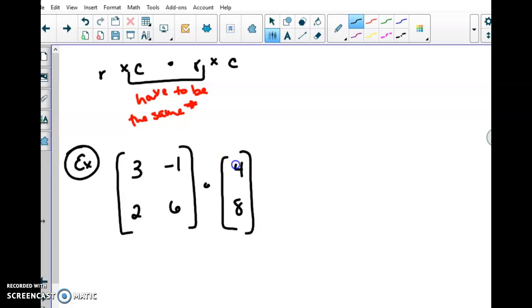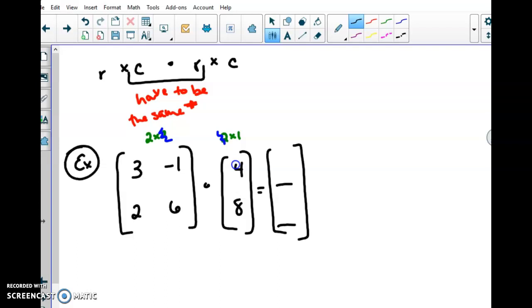So notice, I always like to write the dimensions so I know what my end result is going to be. So this is a 2 by 2, and this one here is a 2 by 1. If you remember this, it's like canceling out. The middle numbers are the same, and we're going to be left with a 2 by 1 as an end result.